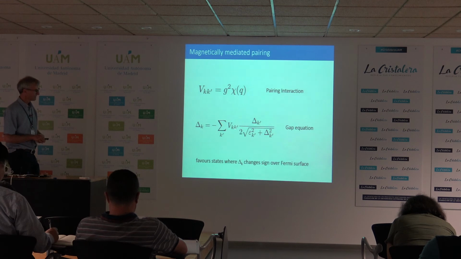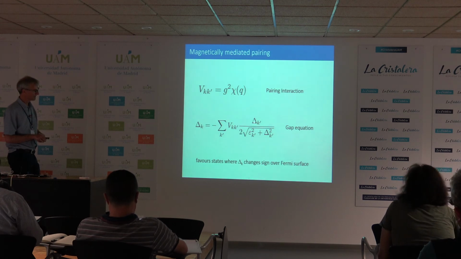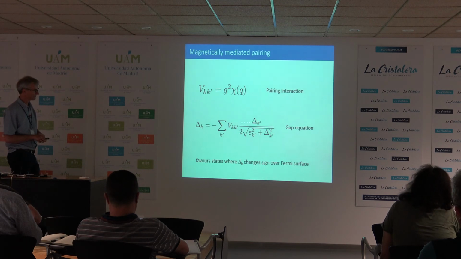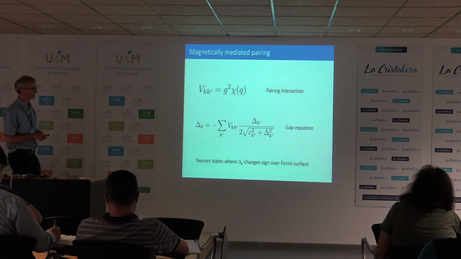Depending on this coupling, it can favour a certain sign difference between the two states that it's coupling. So if we have a certain Q where this is large, then you're going to favour states with opposite gap over the Fermi surface. So we know where our Q is large. If we integrate now in energy, it's going to be large near pi.